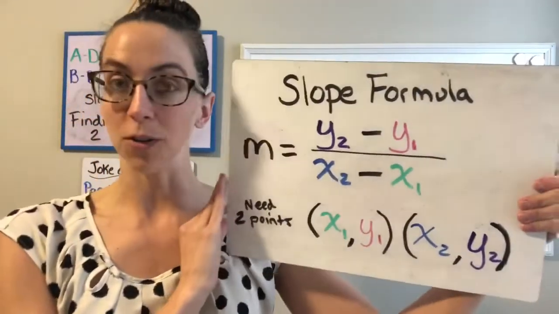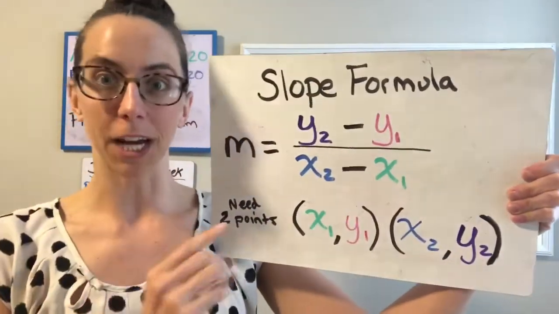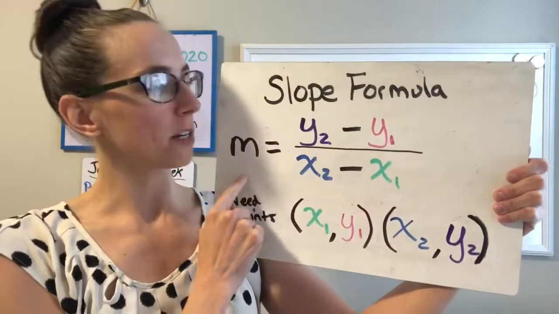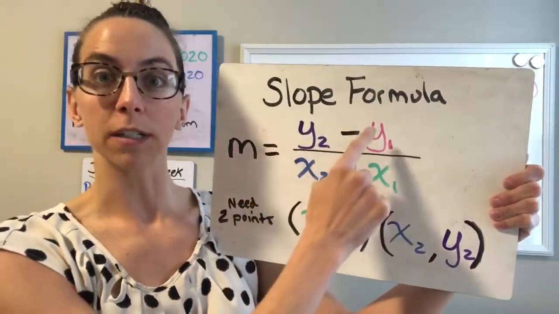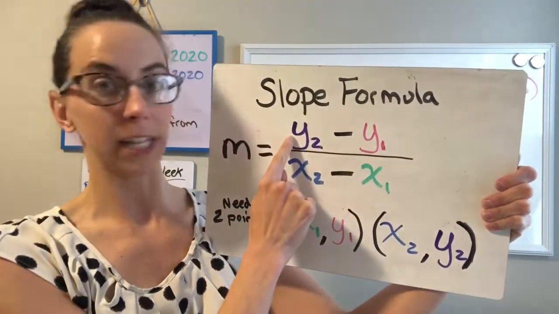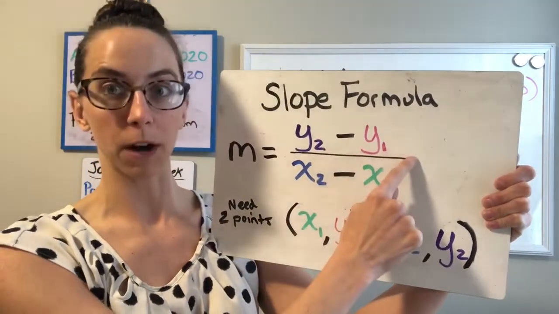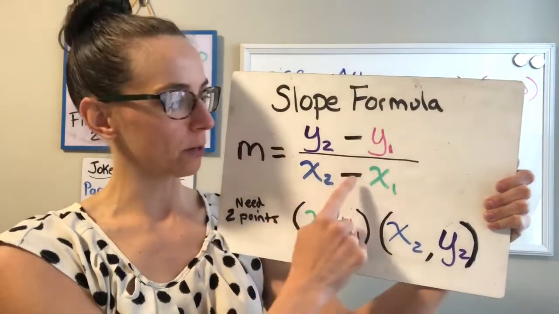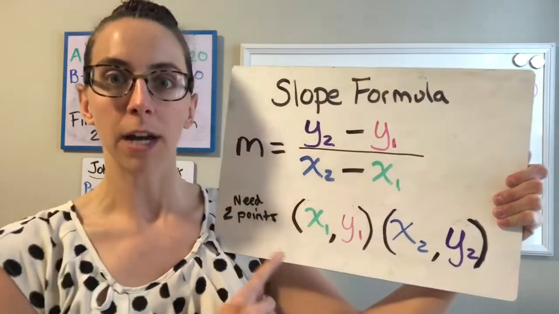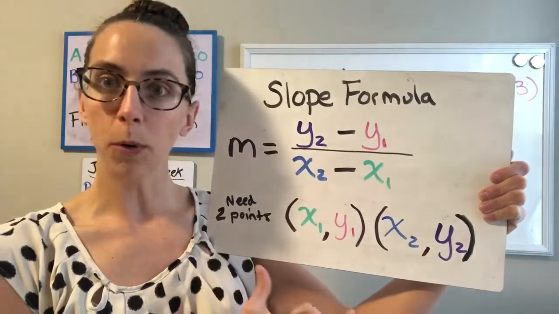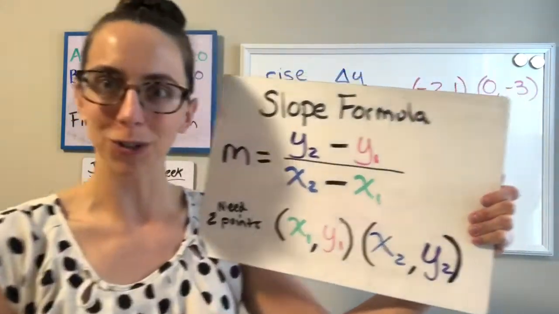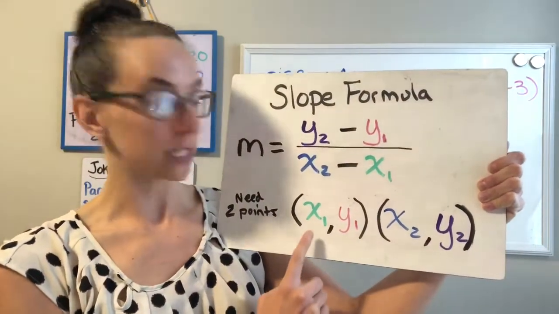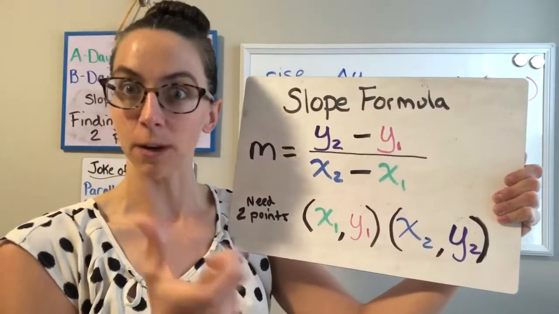So again, if you need to hit pause, this is a good time to stop the video and write down this formula. So m is going to be equal to the change in y, so your second y value minus your first y value, over the change in x, which is your second x value minus your first x value. And so what you need is 2 points and to be able to use this formula. And so the first point, and every point has an x and a y value.